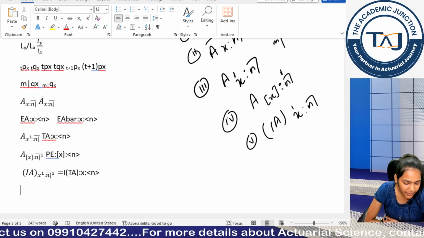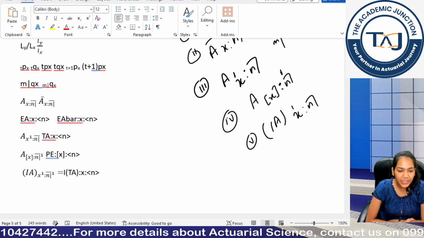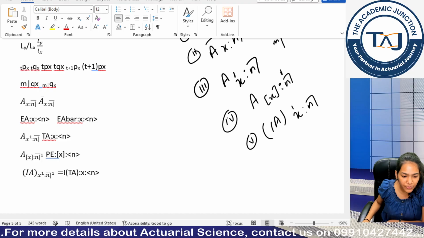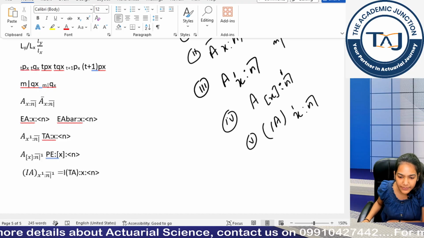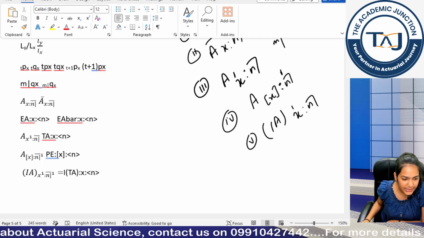So now you can write any of the assurance notation. Is there any particular notation left which you feel like you are not able to write? Tell me, guys. I can show that equation to you, no worries.